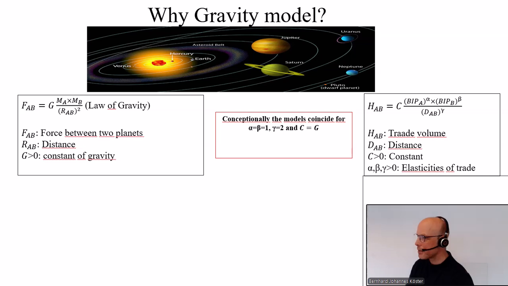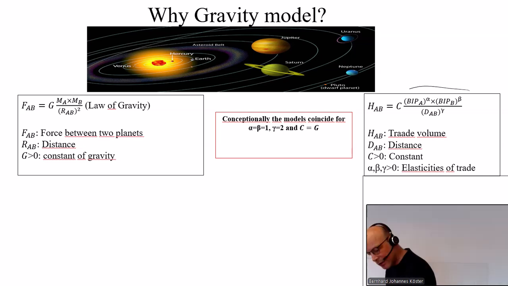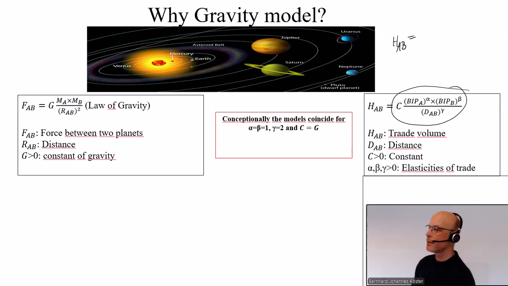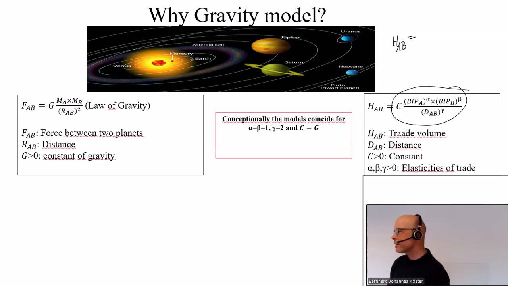And in order to find a function with which we can describe these two qualitative assumptions, we can use a function where we say, okay, the trading volume between two countries is at first the product of their GDPs.